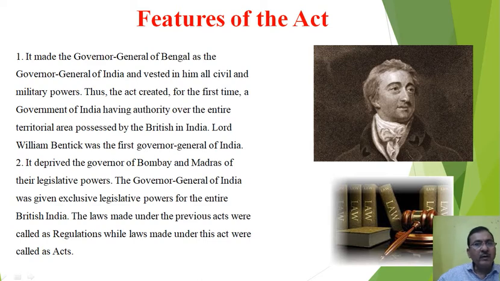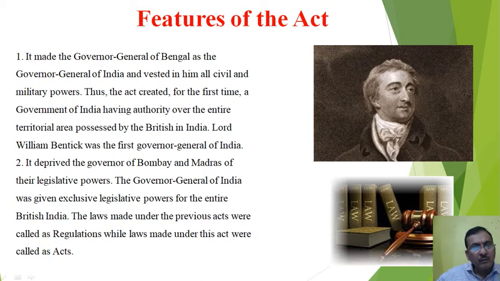Now when he was elevated to the post of Governor General of India, it was natural that all the provinces, that is Bombay and Madras, would again become subordinate to the Governor General of India.